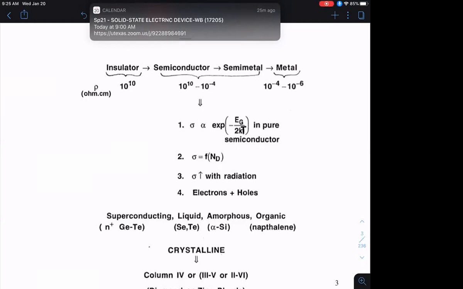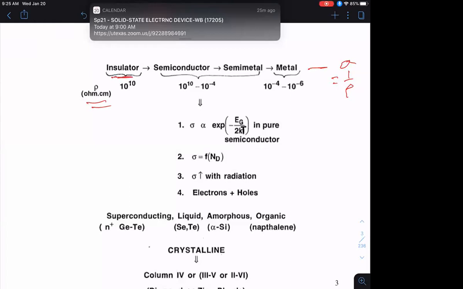One way of looking at it is in terms of the conductivity of the material, which is sometimes indicated as the Greek symbol sigma, which is the reciprocal of the resistivity rho, which is shown over here. So a semiconductor, as the term implies, has a conductivity, or the reciprocal of that, the resistivity rho, which is intermediate between that of a poor conductor, such as an insulator, such as glass.